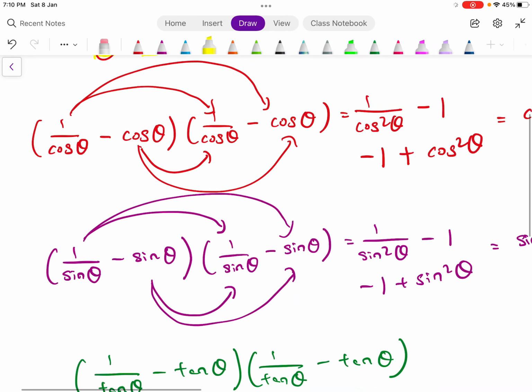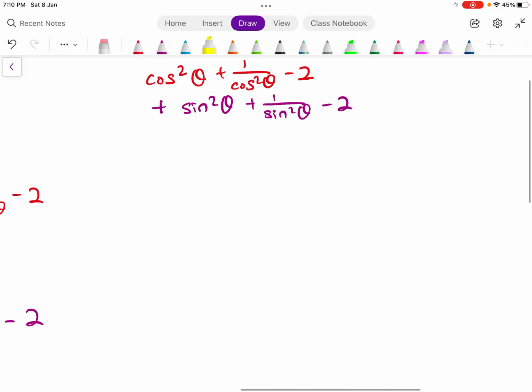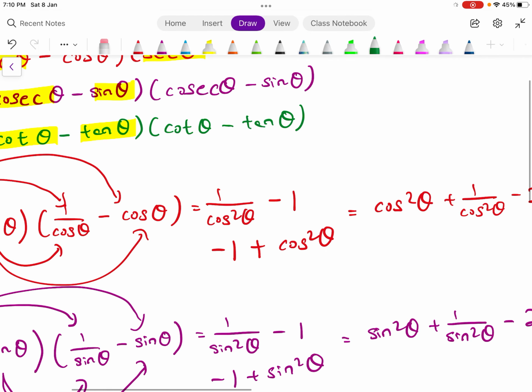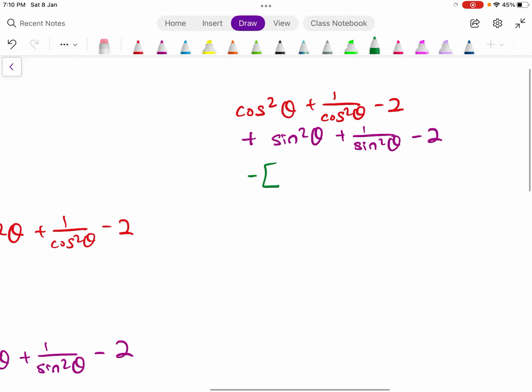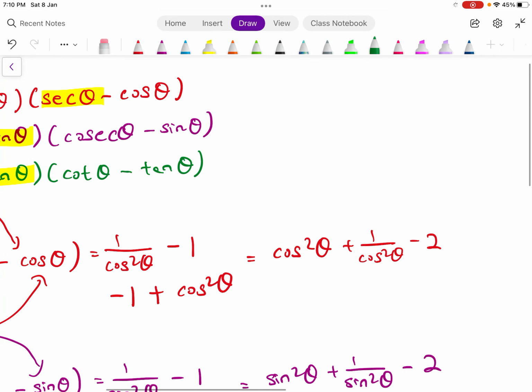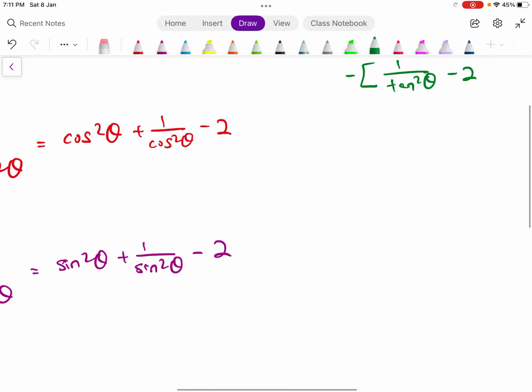I want to minus the whole of this green color expansion, so maybe I put a minus sign first: minus, 1 over tangent square, minus 2, plus tangent square theta.